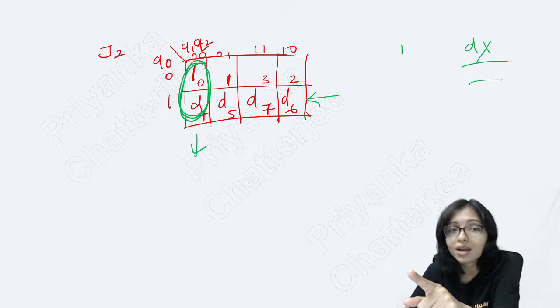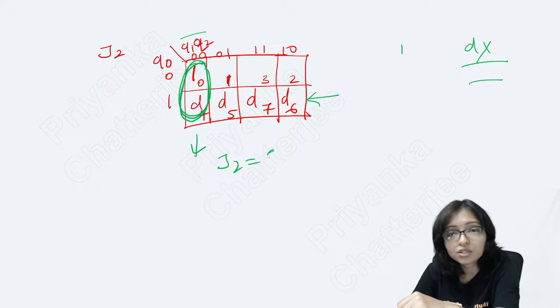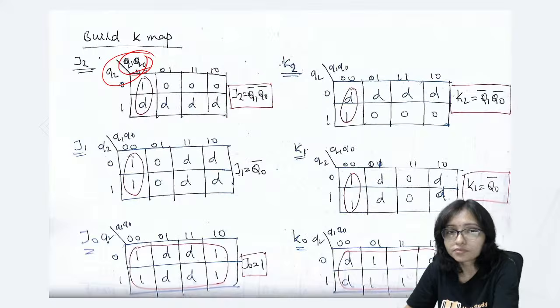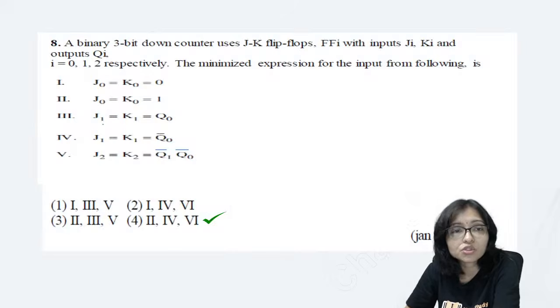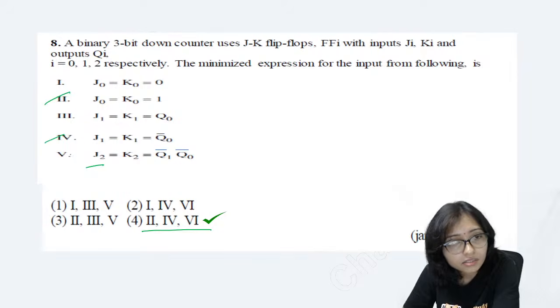So from here, what expression are you getting? Q1, Q2 cancel, so J2 equals Q0. In the answer also you can see J2 equals Q0. The J2 was 2, 4 and 6.